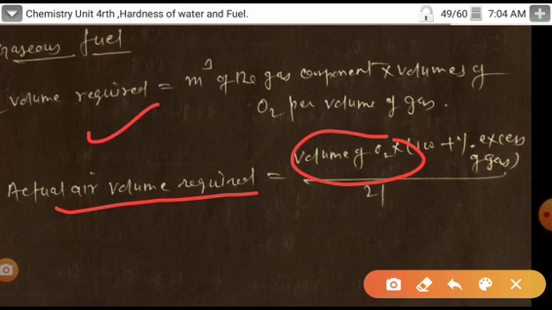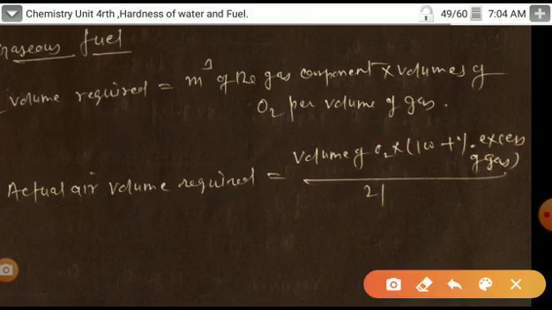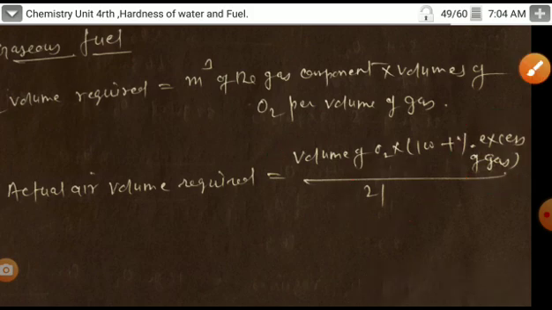You put the volume of oxygen into 100% plus percentage excess of the gas, which will also be given in the numerical, and divide by 21. So this is another formula by which you can calculate the actual air volume required for the particular gaseous fuel.